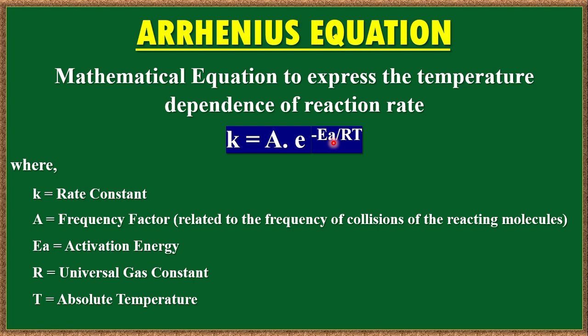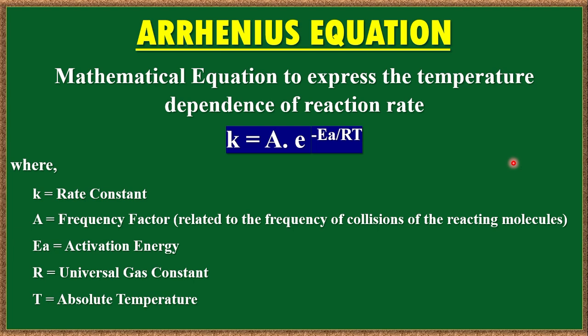It is the minimum energy that the reactant molecules must absorb so as to bring about the effective collision and to cross the energy barrier to form the products. R is the universal gas constant. T is the absolute temperature, that is, temperature on the Kelvin scale. So this is the Arrhenius equation, which expresses the temperature dependence of reaction rate.